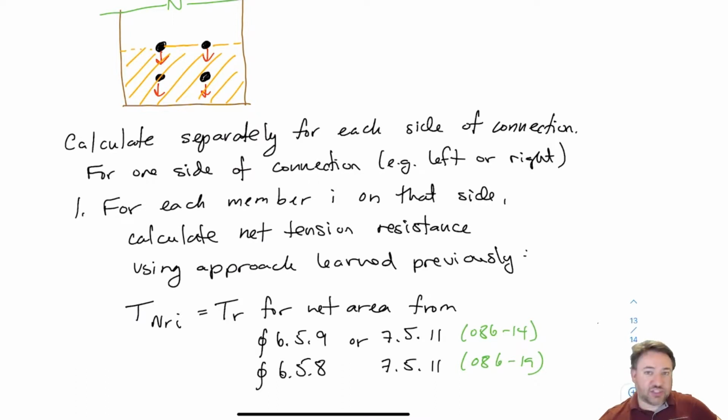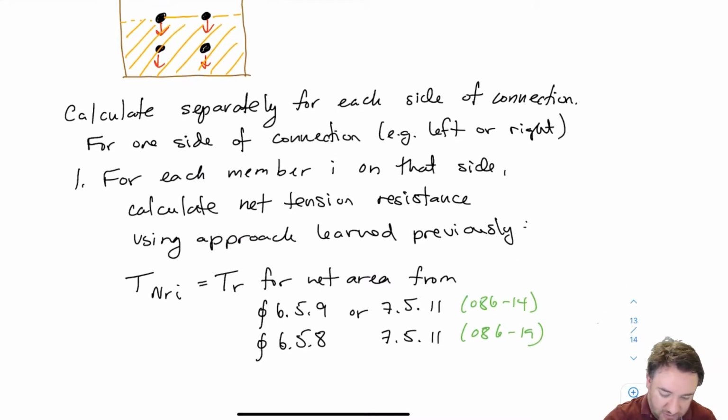The net tension calculation is very easy because we've done it before. We just use the net area calculation from clauses 6.5.9 or 7.5.11. One is for lumber timber, the other one is for glulam. Basically it's just FT, or FTN for glulam, multiplied by the net area multiplied by a material reduction factor. So I just set my TNRI for that.